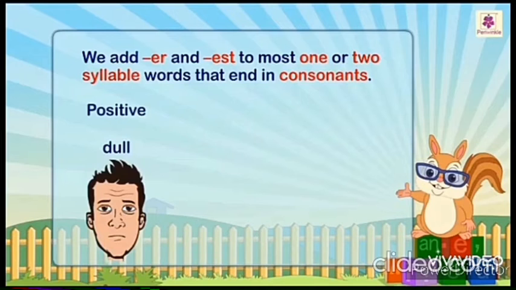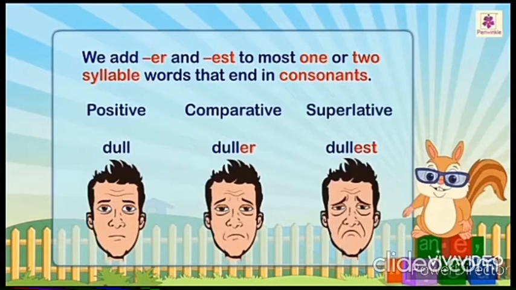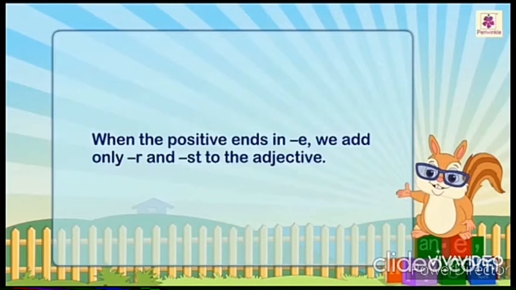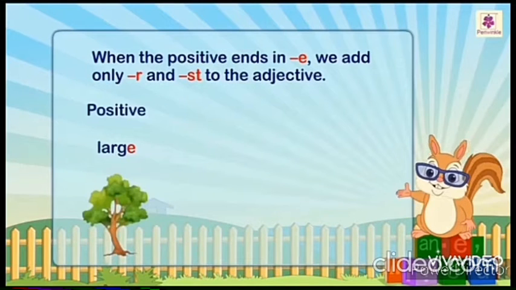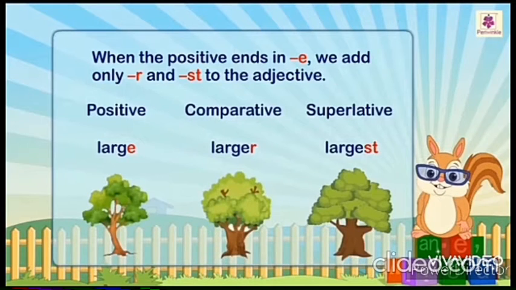For example, dull, duller, dullest. When the positive ends in e, we add only r and st to the adjective. For example, large, larger, largest.